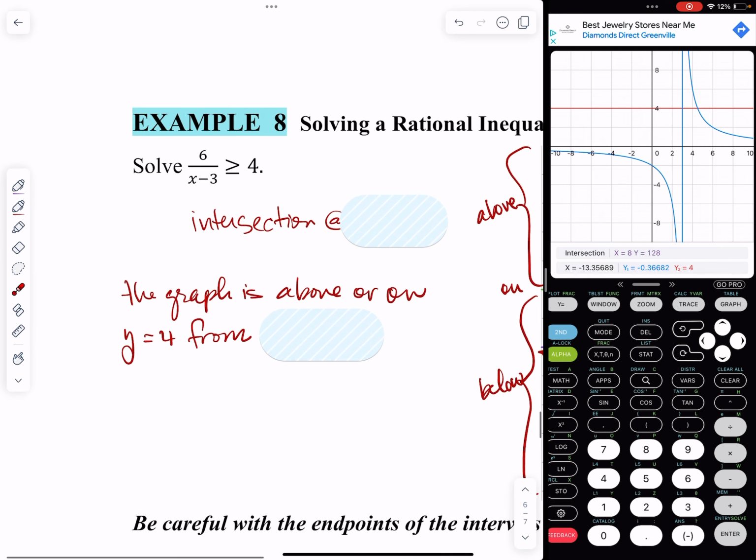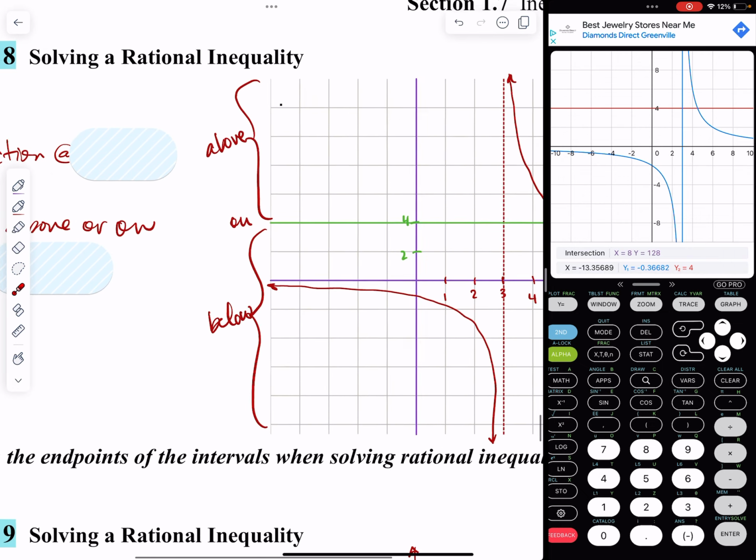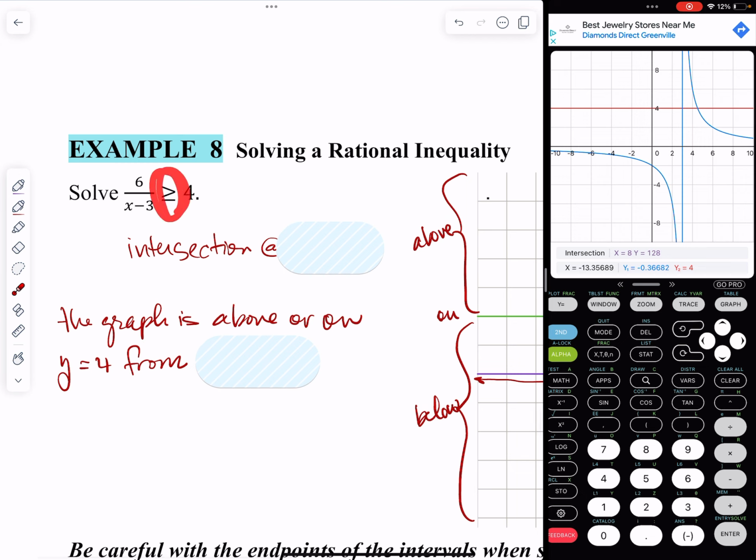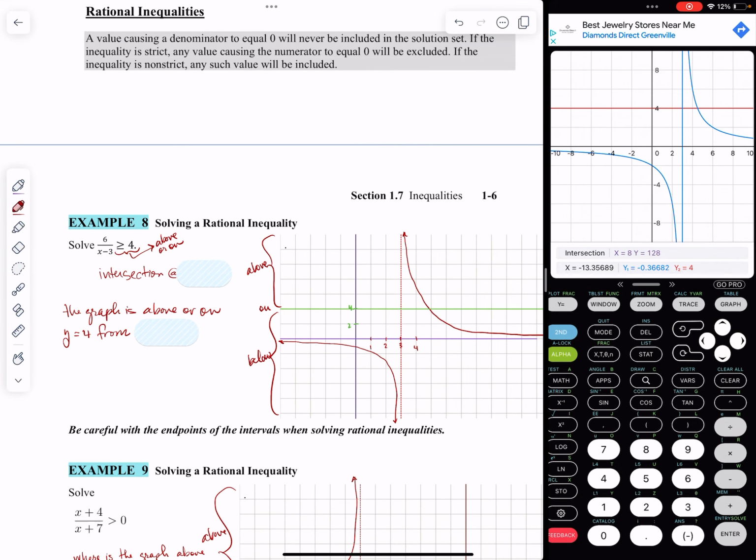And what we want to know is where is this part of the graph? So this is my curved part of the graph. Where is that above or on? All right, so that's key here. We want to know above or on that line y equals 4.